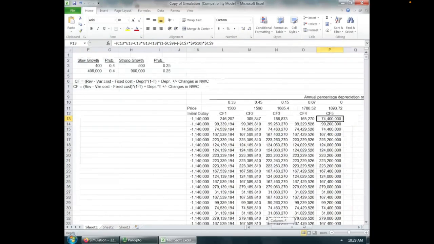Okay, but the initial part is the same. So again, units times the price in year 5, minus units times the price in year 5 times 0.45, that's the variable cost, minus $70,000, which is the fixed cost, times 1 minus tax rate, add depreciation tax shield back.